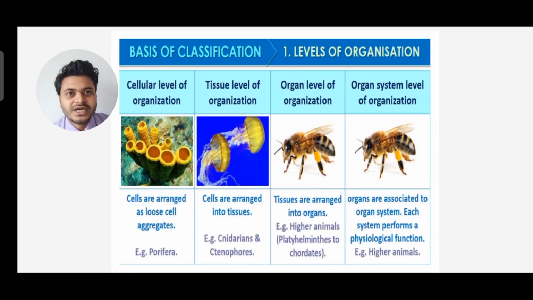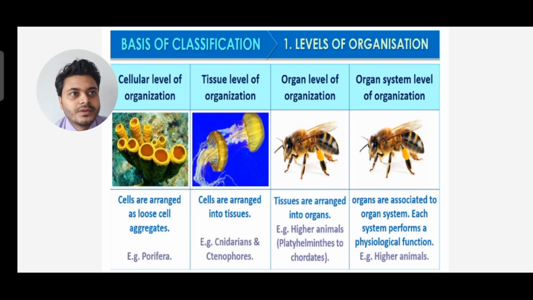So you see what is cellular level organization, tissue level organization, organ level organization, and organ system level organization. We'll discuss here. The differences are given. Very nice PPT presentation is done here. First, under cellular level organization, cells are arranged as loose cell aggregates.